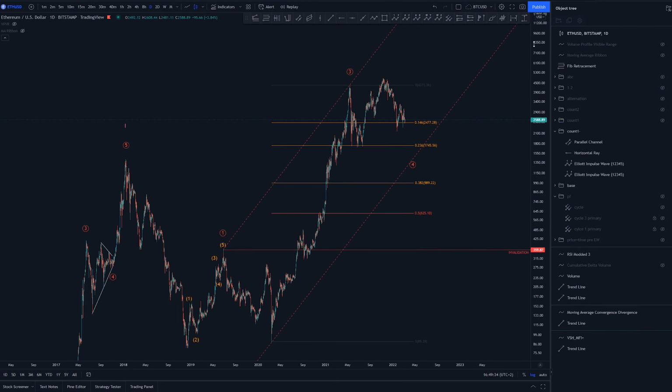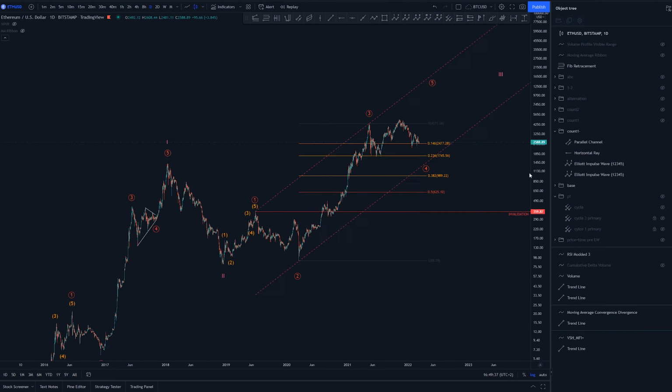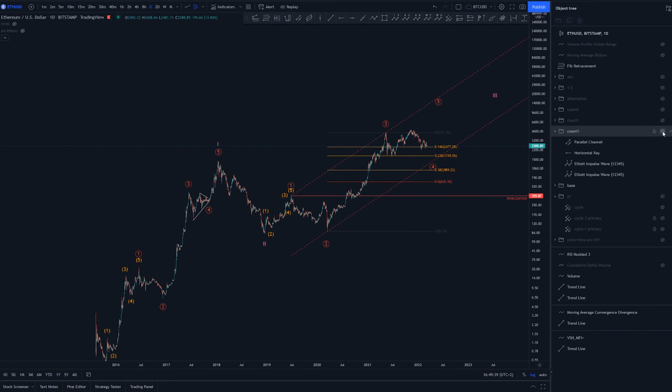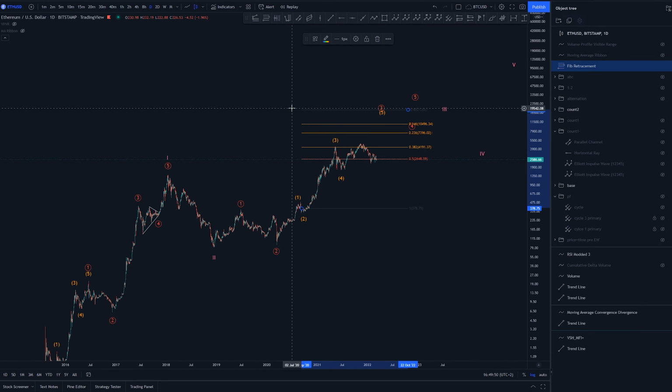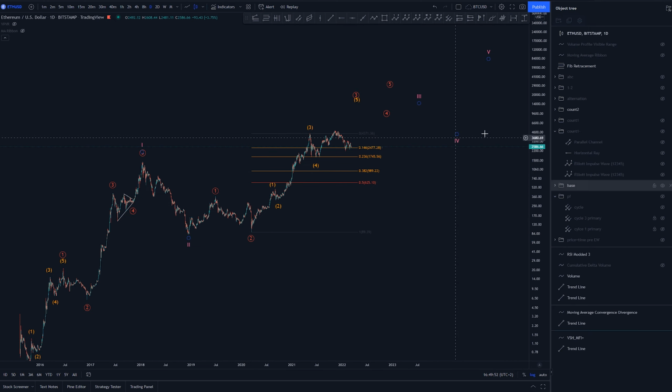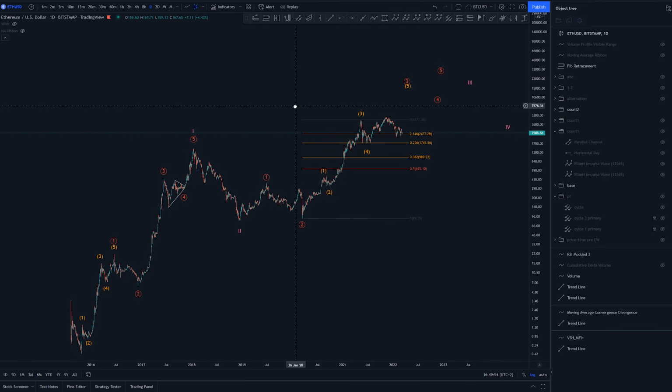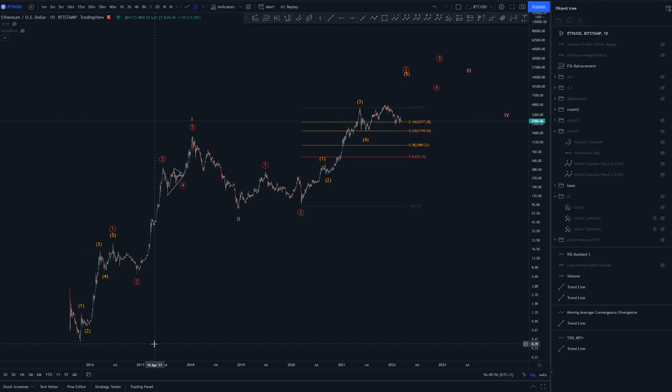Now there is another way to look into this, and let me show that to you, and that is here. This is just an alternative way. To me, the first option that I shared is better.